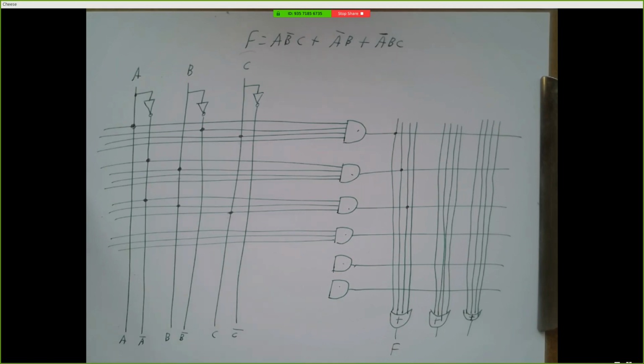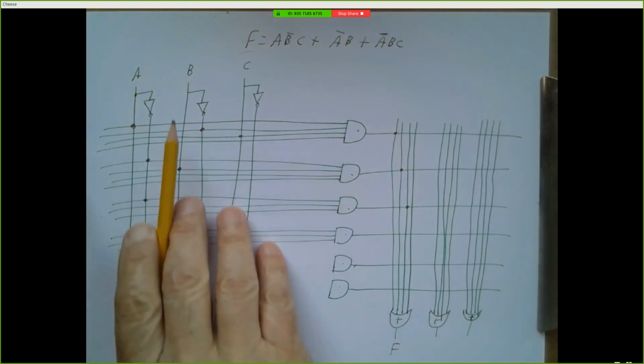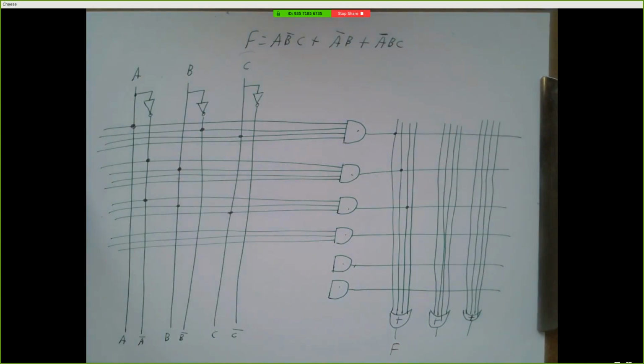Alright, so this is a cool concept, right? The idea here is that we can create a schematic by just indicating a few connections. Just indicate where you want these horizontal wires to connect to your inputs or inverted inputs, and where you want these vertical wires to connect to your product terms.